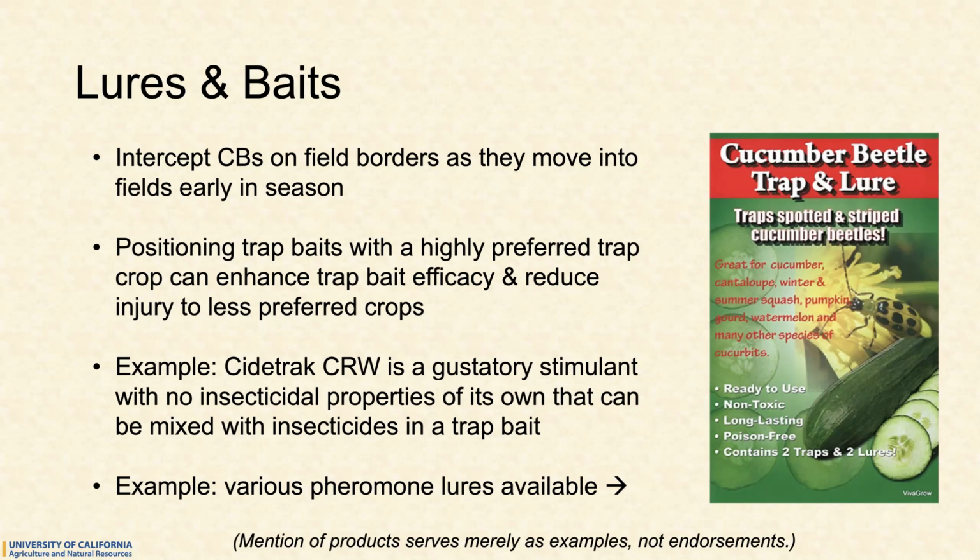One example is Sidetrack CRW. It's a gustatory stimulant with no insecticidal properties of its own, actually. It just makes them feed more, and that can be mixed with insecticides in a trap bait. There are also various pheromone lures available as well. Again, I'm mentioning products. They're just examples, not endorsements.